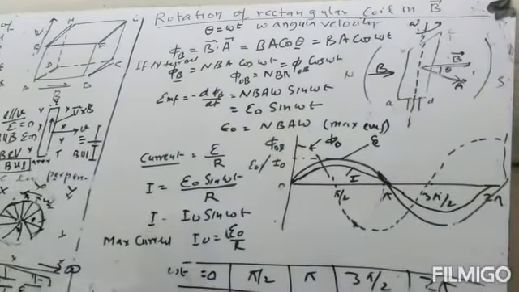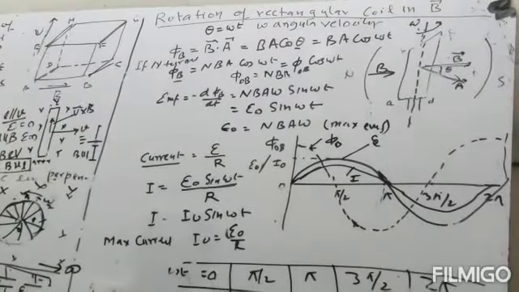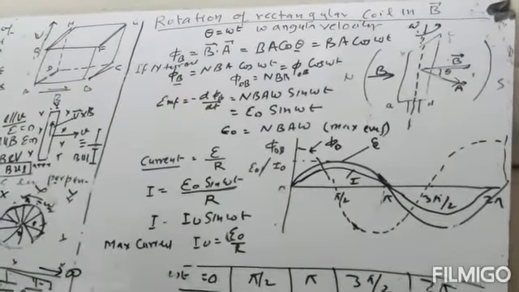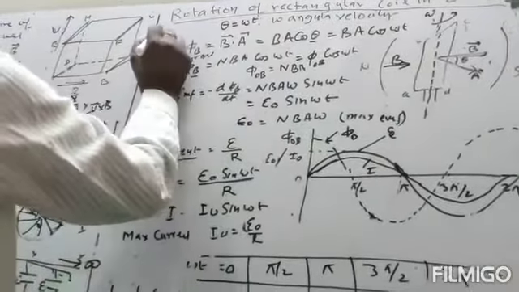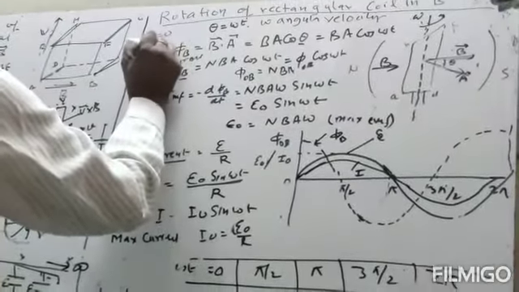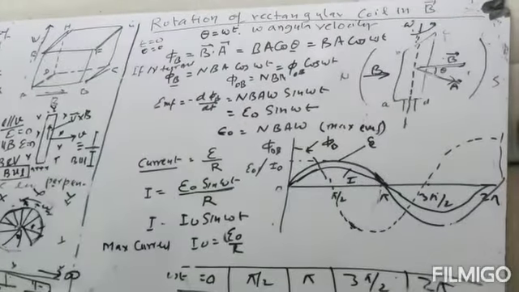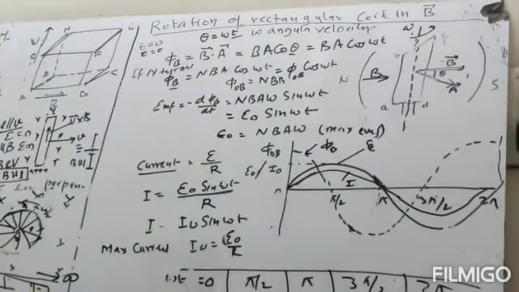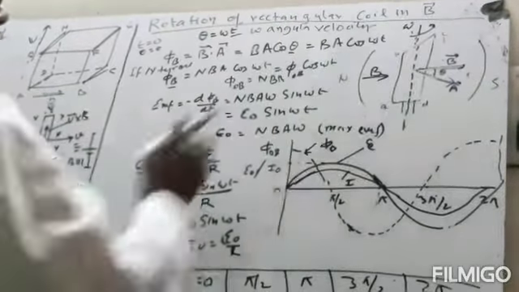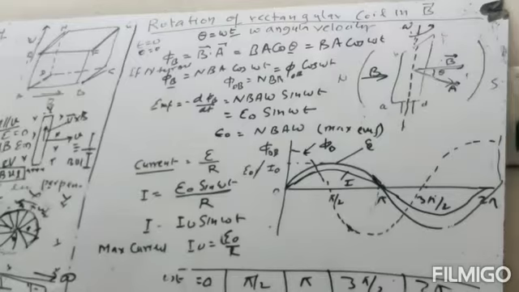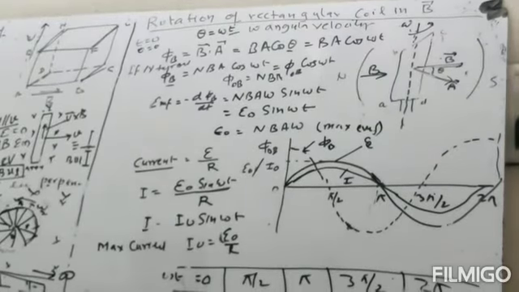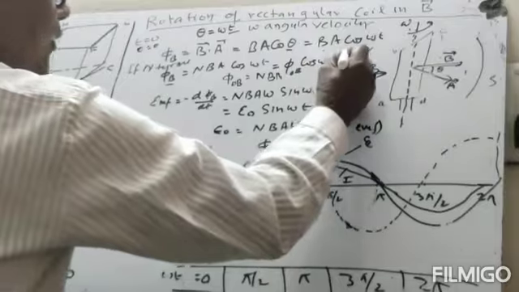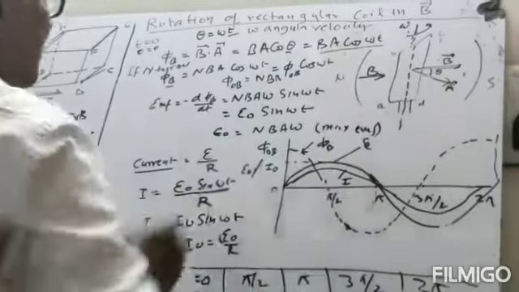So at any time the angle theta is equal to omega into t. At t equal to 0, theta is equal to 0, and at time t the angle between B and A is theta, so theta will be equal to omega t. So we can write the magnetic flux phi B is equal to B A cos omega t.